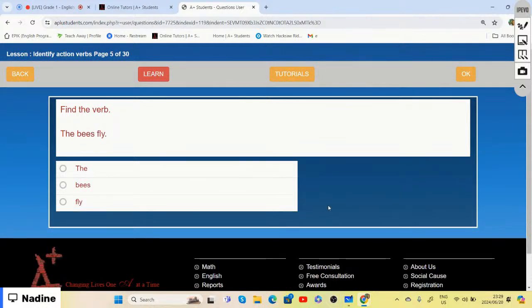And this is the bees fly. So the bees fly. What are the bees doing? We need to identify our verb. Is it the? Is it bees? Is it fly?